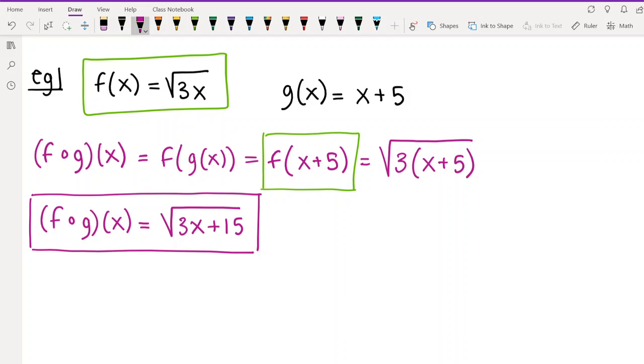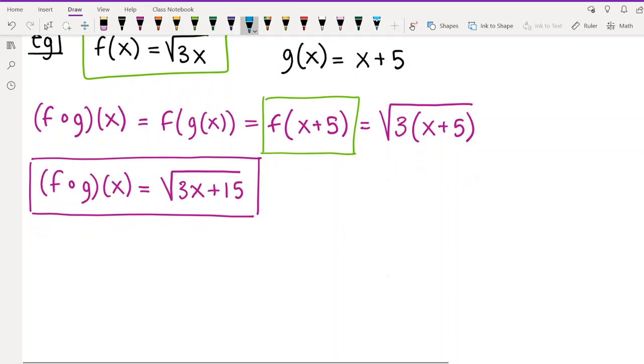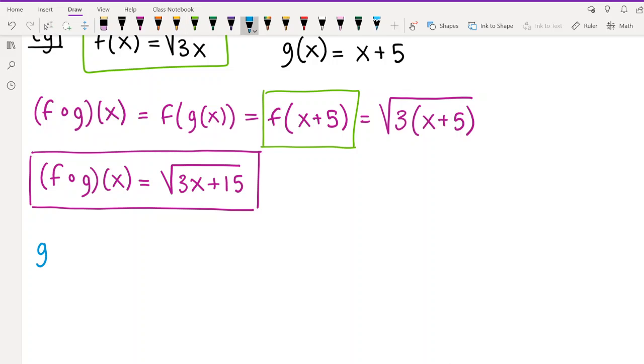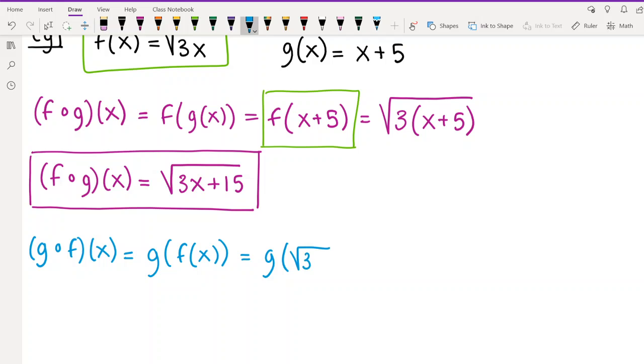And then the formula for g composed with f of x. So this time g is on the outside and f is on the inside. So first step again is to replace f of x with the actual formula for f of x. So that's the square root of 3x.